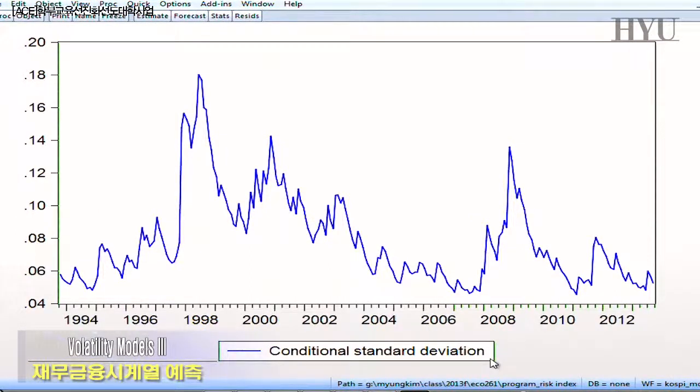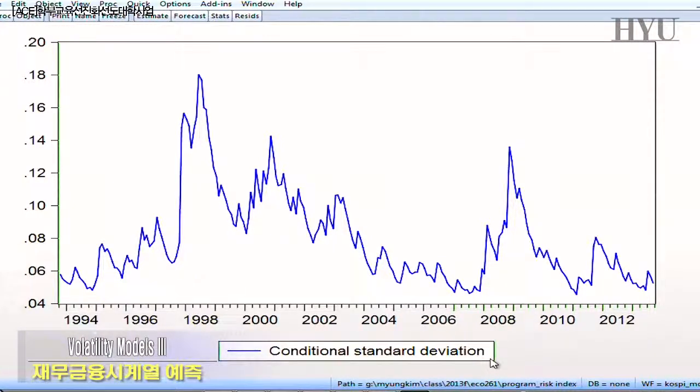So if you look at how sigma t looks, it's different, right? Different from what we've seen from the Garch specification. So it would be a good exercise. You save this series, okay, and that's going to be this one. Actually, in EViews, you cannot save this sigma t.